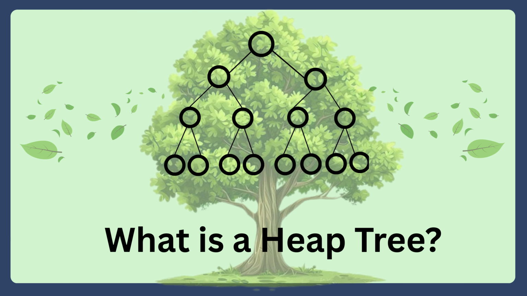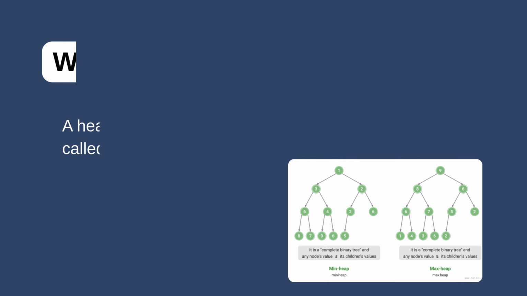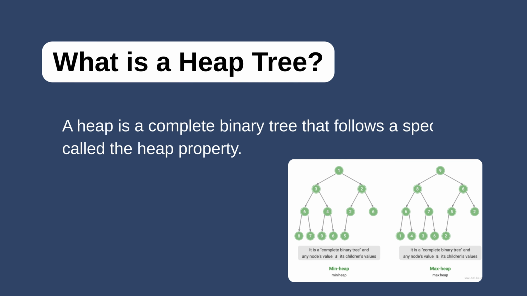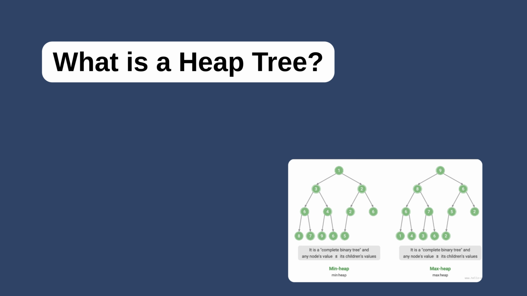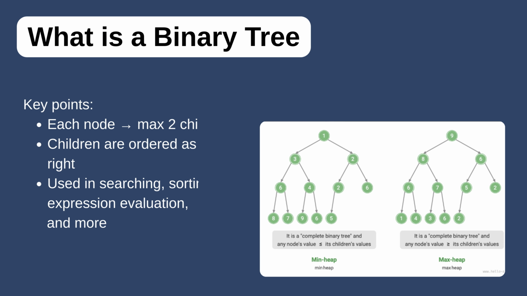Then, what is a heap tree? Now, let us talk about heap trees. A heap is a complete binary tree that follows a special rule called the heap property. First of all, we should talk about the binary tree data structure.